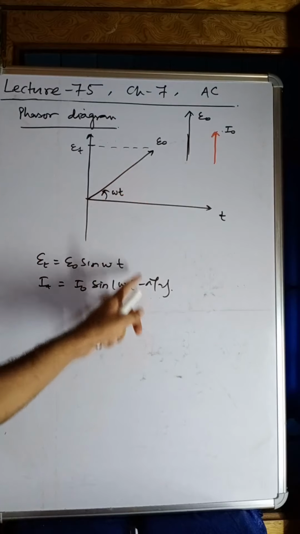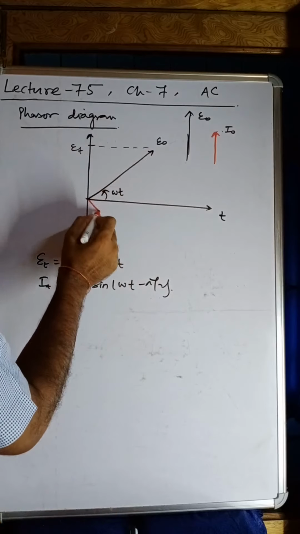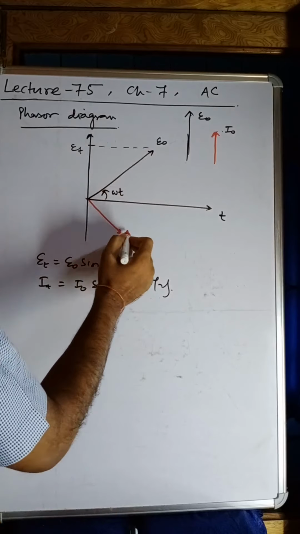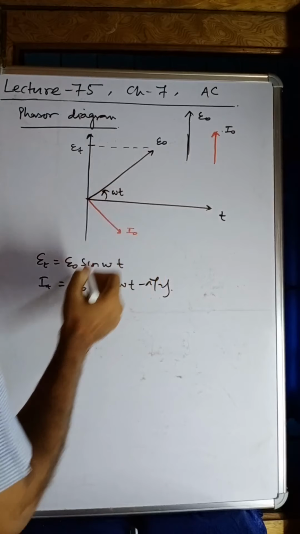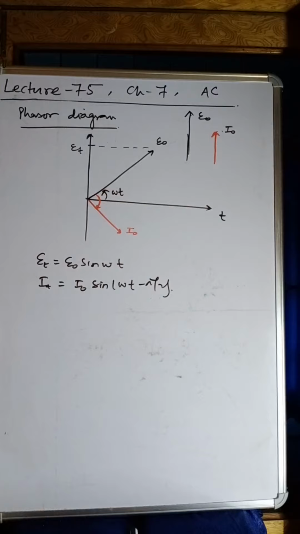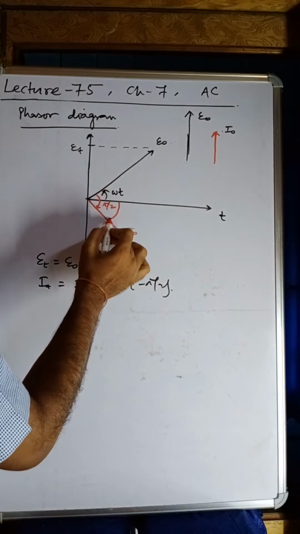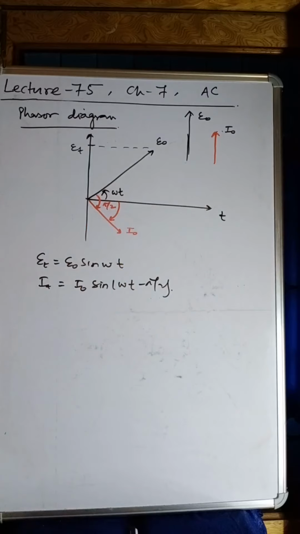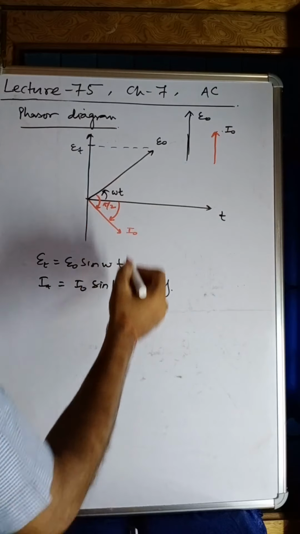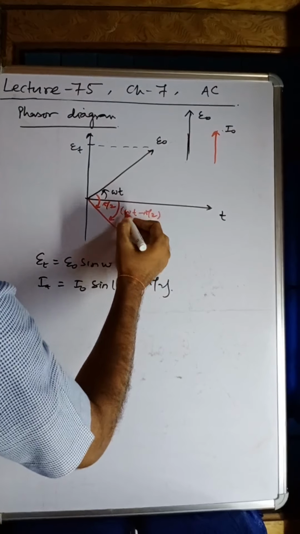It means finally the pi by 2 will be perpendicular to this E naught, and this is I naught. How much is its value? It is pi by 2. But this much angle in total is omega t minus pi by 2.